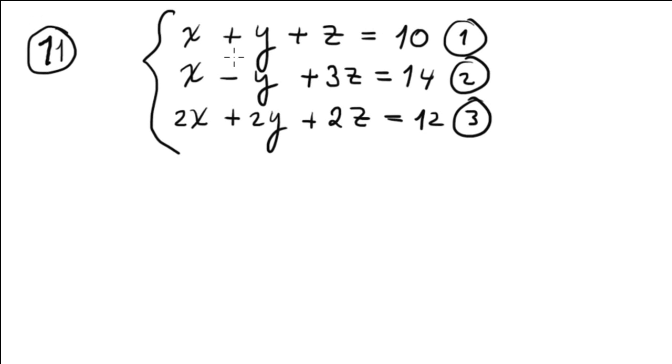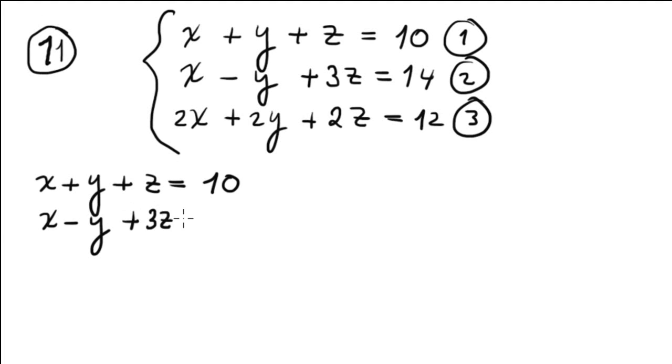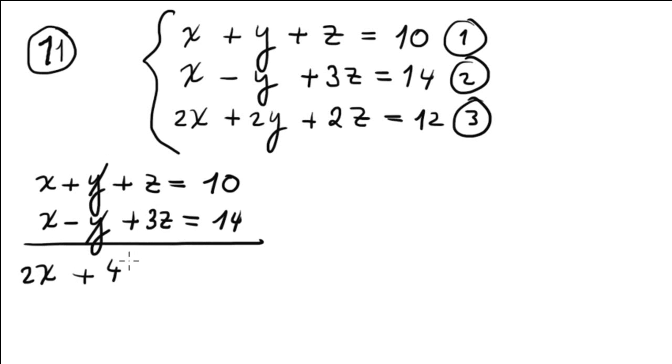Now you pair smart. You pair, for example, number 1 and number 2, because I saw, one more time, that at least this is ready for elimination in the variable y. So we have 2x, this cancels, we have 4z, it is 24. And this is equation number 4.